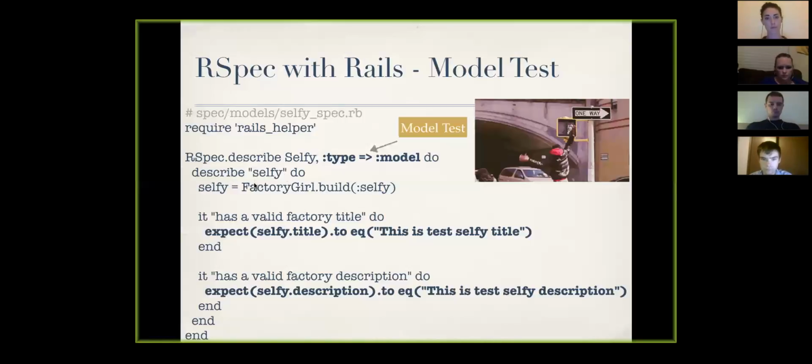But anyway, for selfie, I just created a factory, and I built the factory selfie. I'm just checking if the title is valid. So selfie.title equals the title I put in my factory, and same thing with description.